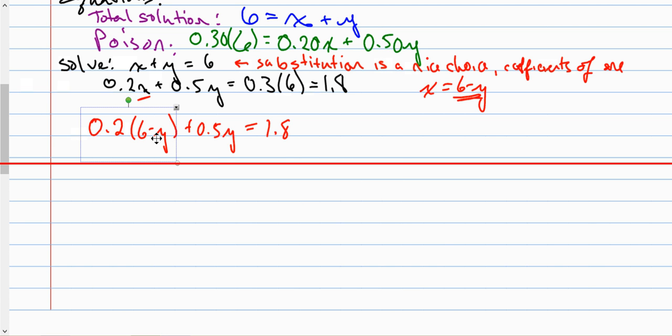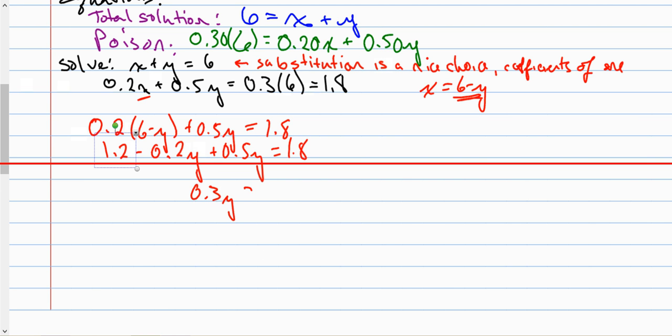0.2 times 6 is going to give me 1.2 minus 0.2y plus 0.5y equals 1.8. If I combine these two, I get a 0.3y.